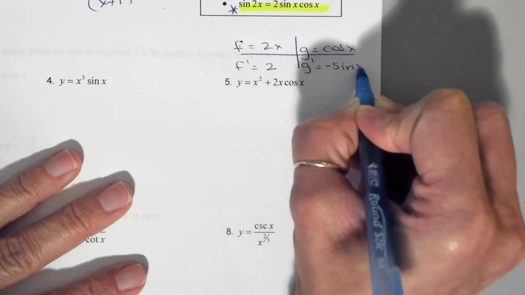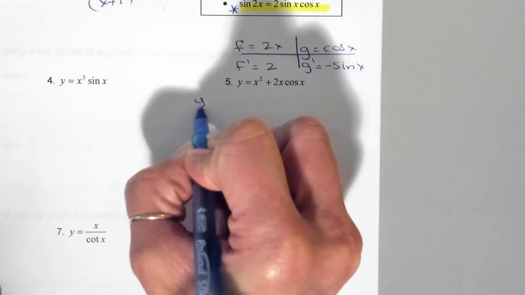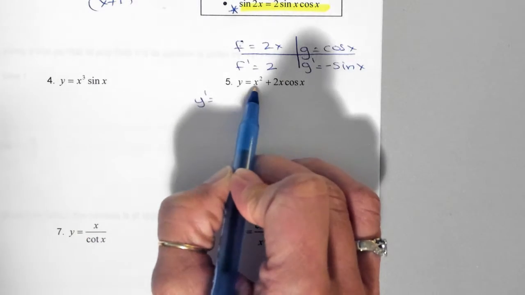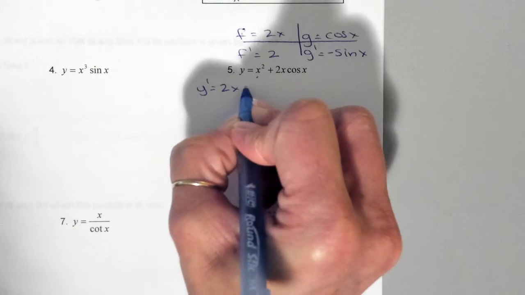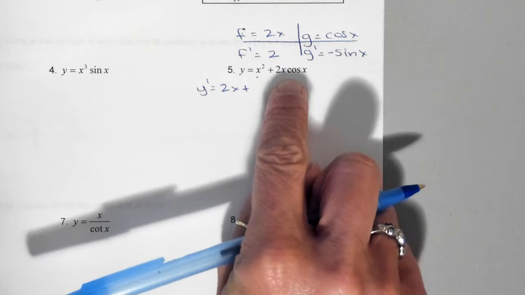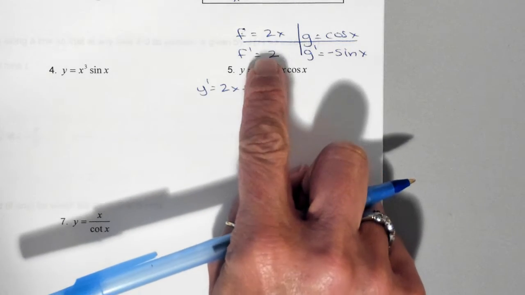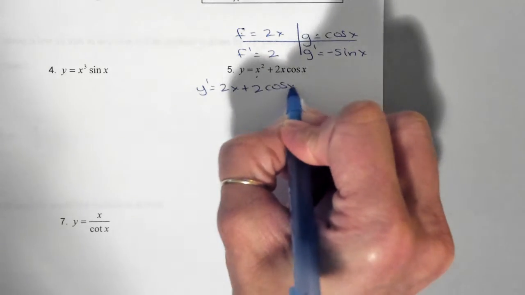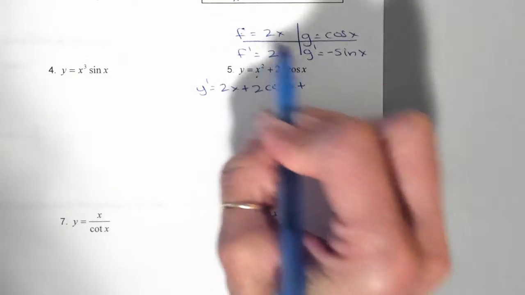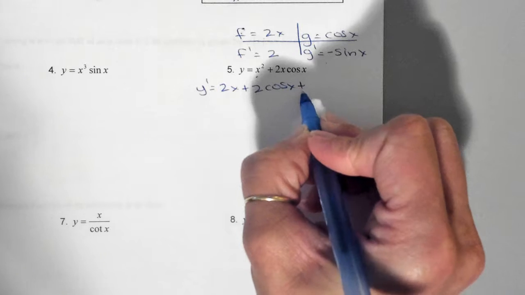Negative sine of x. Okay, so we've got y prime is equal to, take the derivative of x squared, what is it? 2x. Plus, now I need to use the product rule here. So it's going to be f prime times g, so this is 2 cosine of x, plus f g prime. So this actually becomes what, a minus?